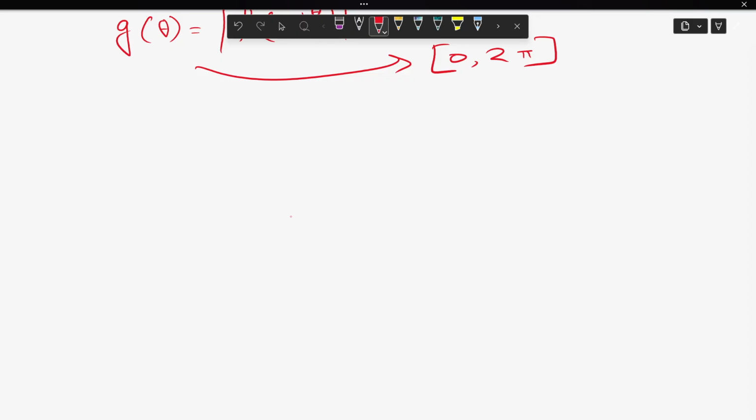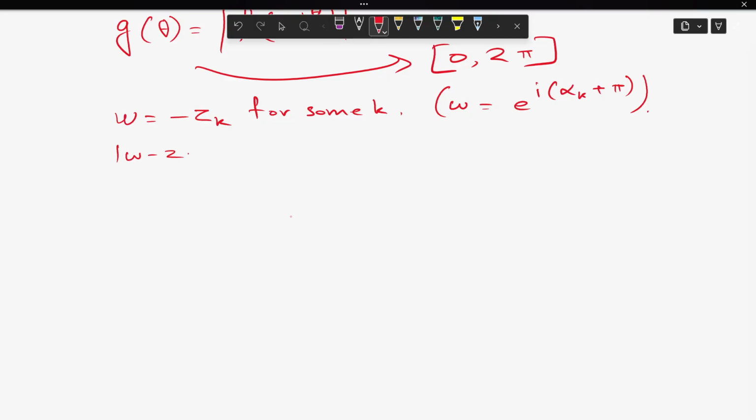Let us consider omega equals minus zk for some k. So we can write it as omega equals e to the power i (alpha k plus pi). Then modulus of omega minus zk equals modulus of minus zk minus zk, that is equals 2.